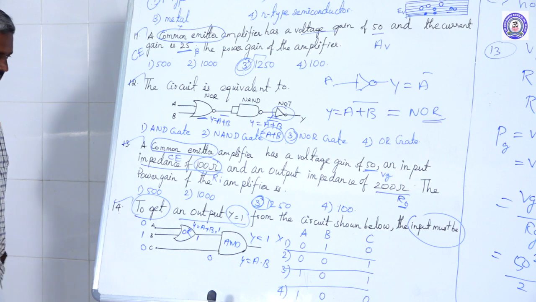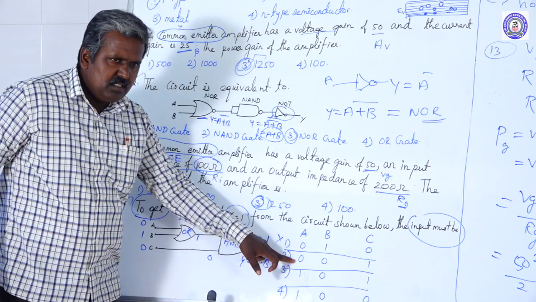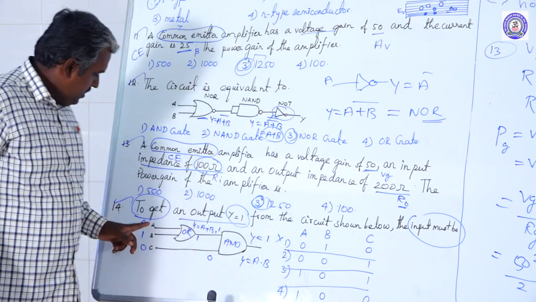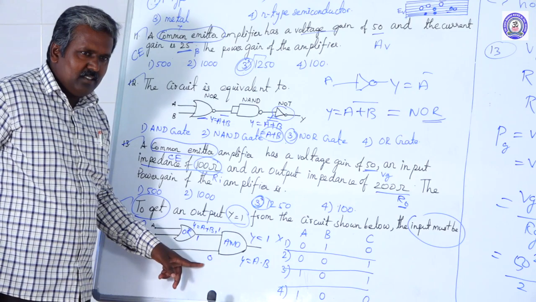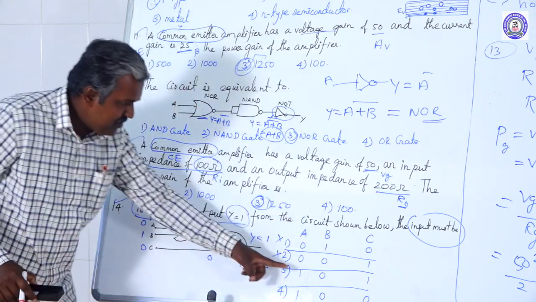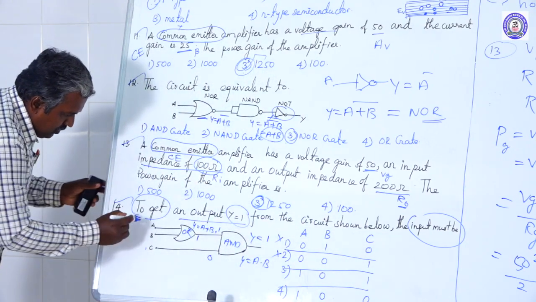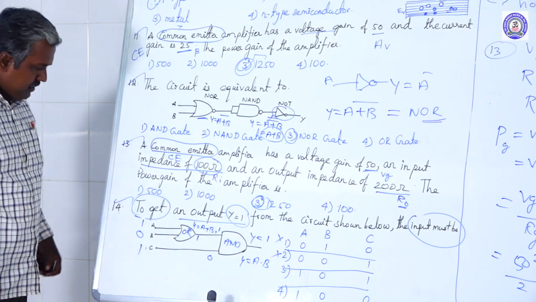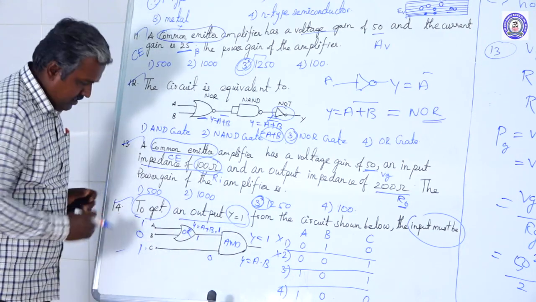Then substitute the second: 0 plus 0 is 0, so 0 and 1, again 0. And the third option, 1 0 1: 1 plus 0 is 1.